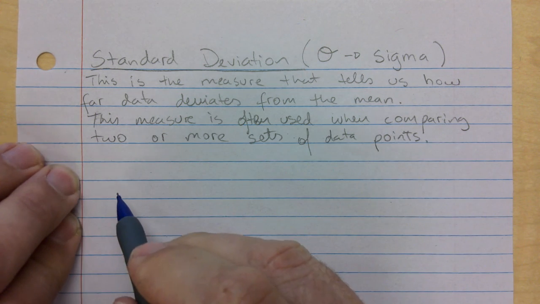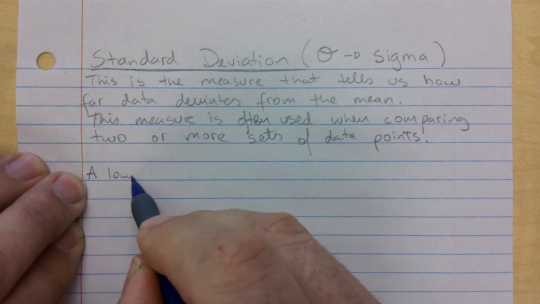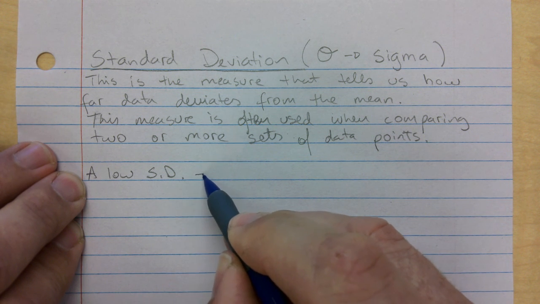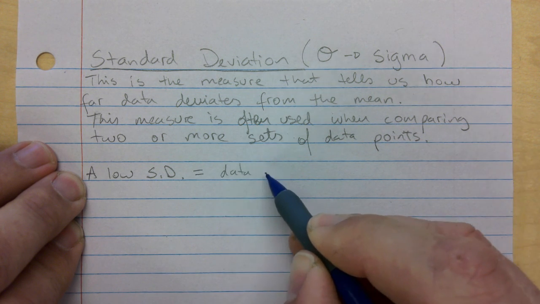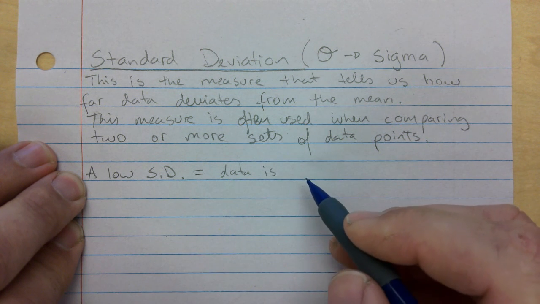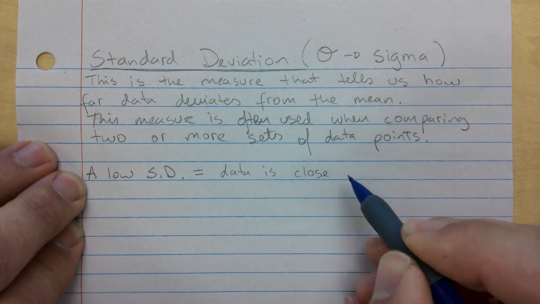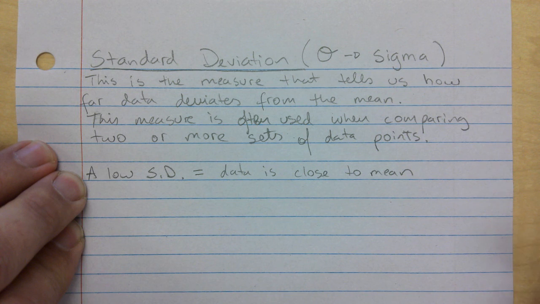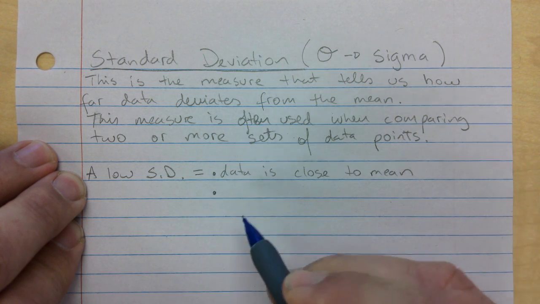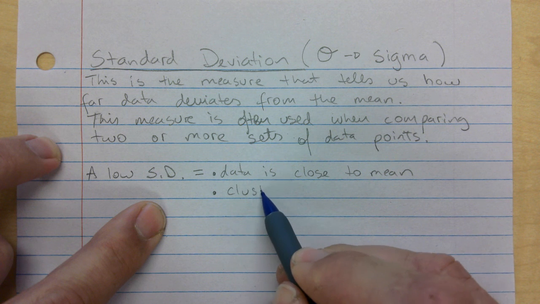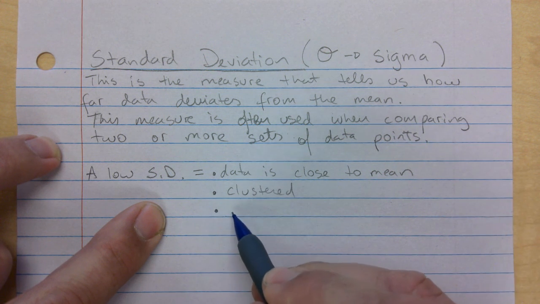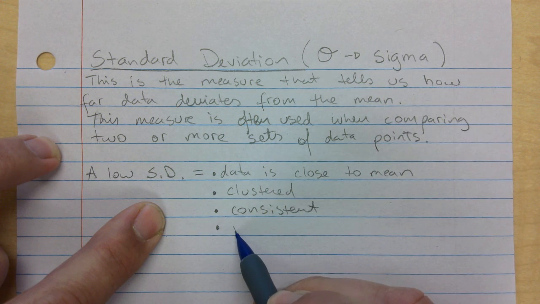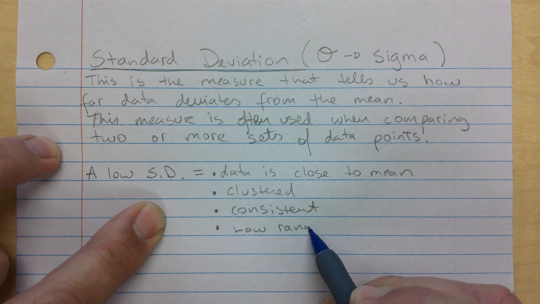So a low standard deviation means that data is close to the mean, clustered, consistent, low range.